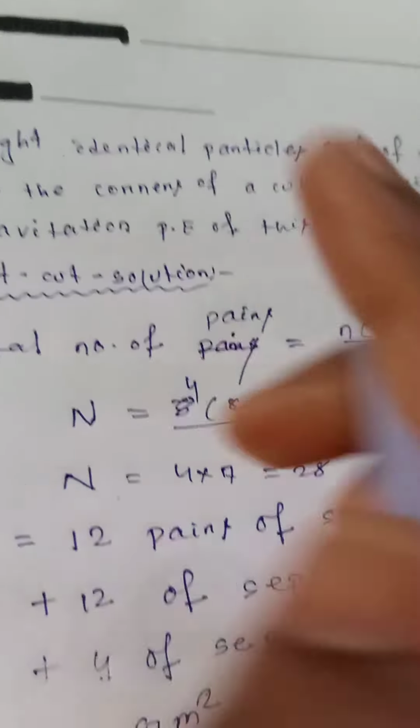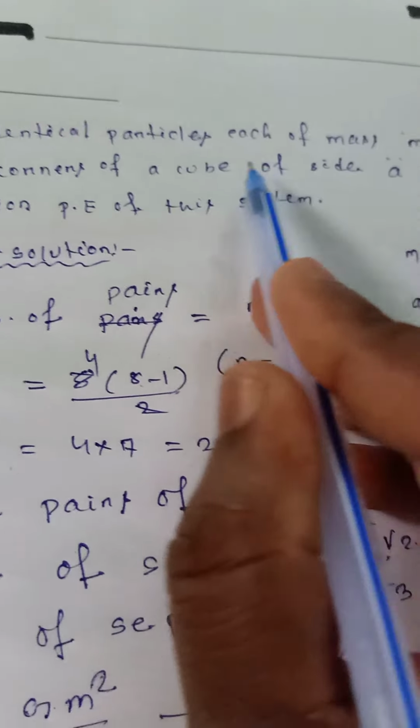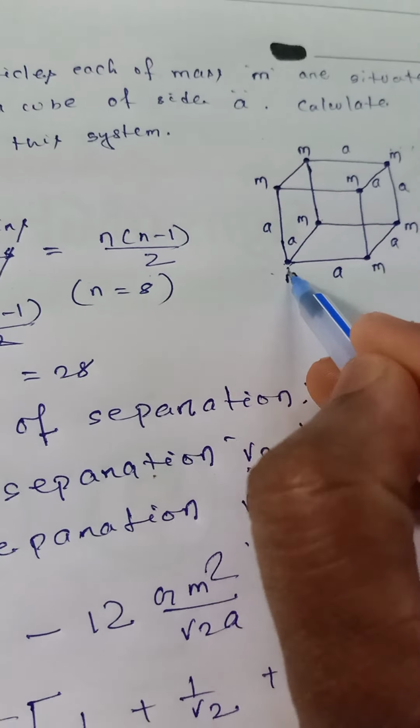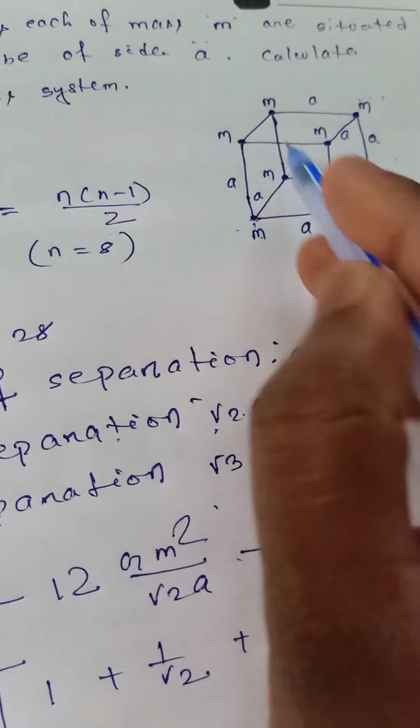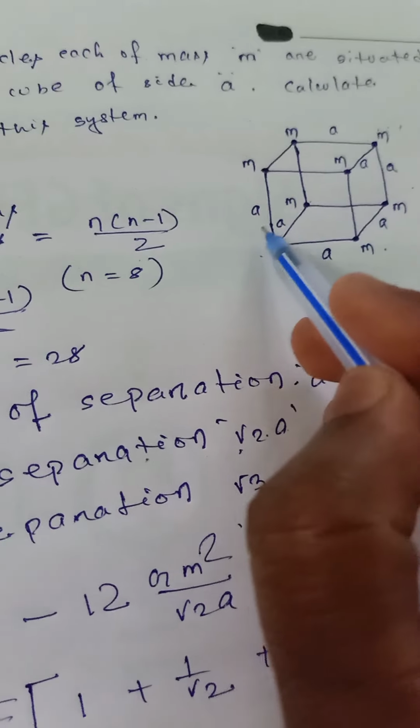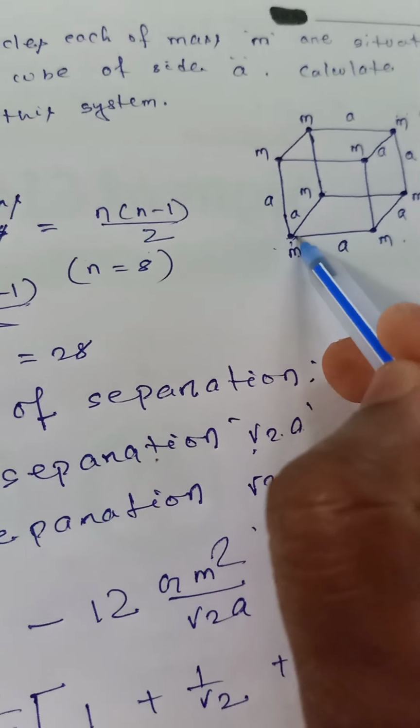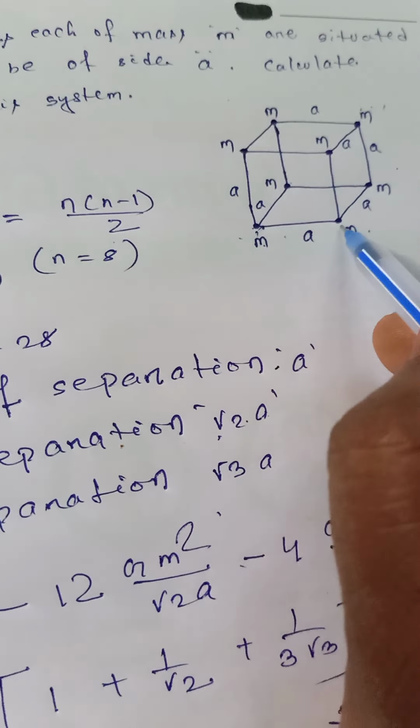So to recap, 8 identical particles, each of mass m, are situated at the corners of a cube, and the side of the cube is a.